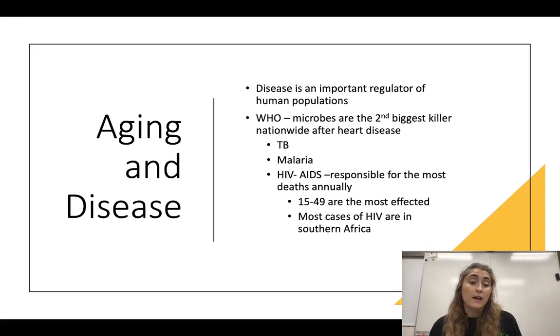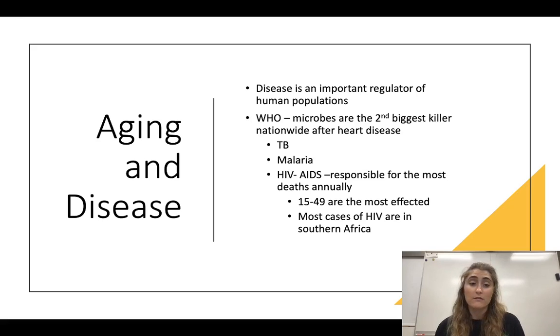One more thing that can affect total fertility rates and relative population sizes, a pretty big thing, is aging and disease. Disease is a pretty important regulator of human populations. So this is what ends up killing a lot of people. The World Health Organization says that microbes are the second biggest killer nationwide after heart disease.